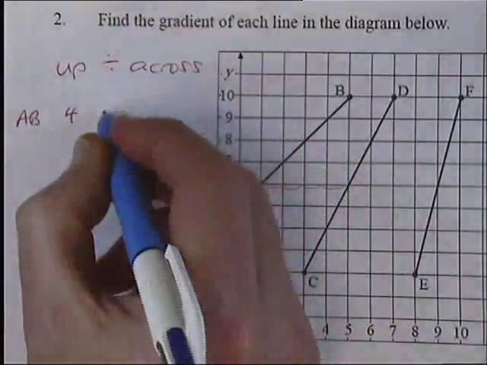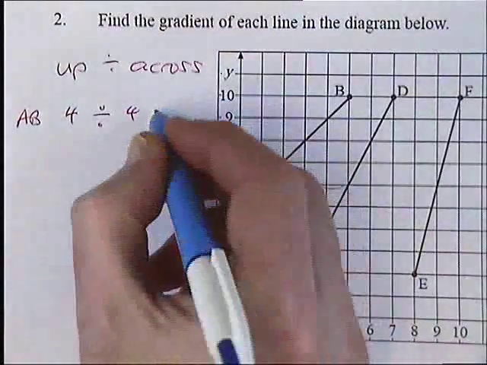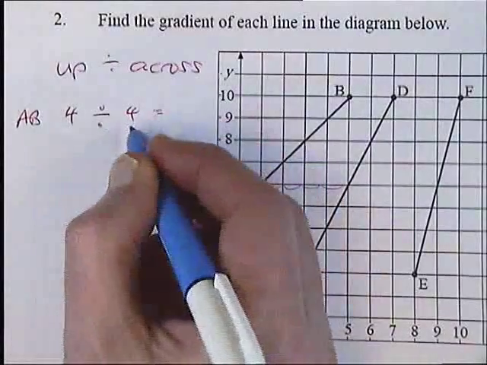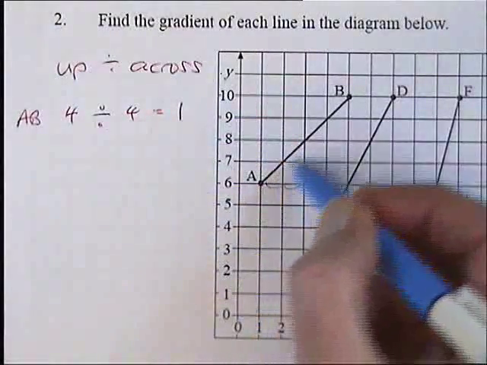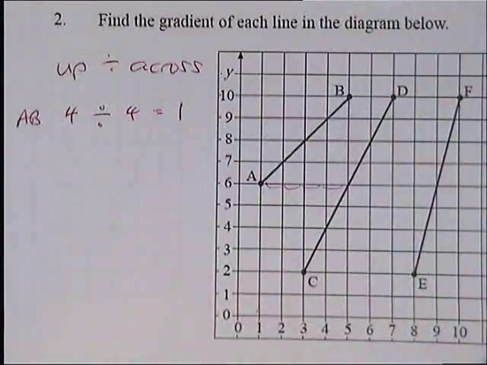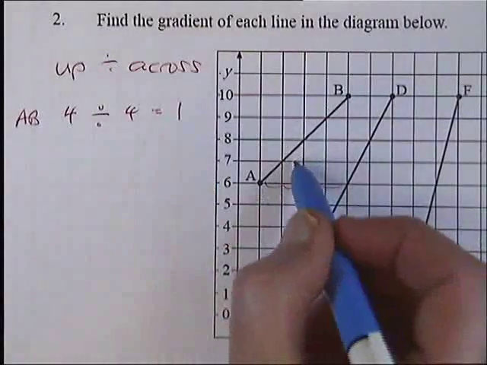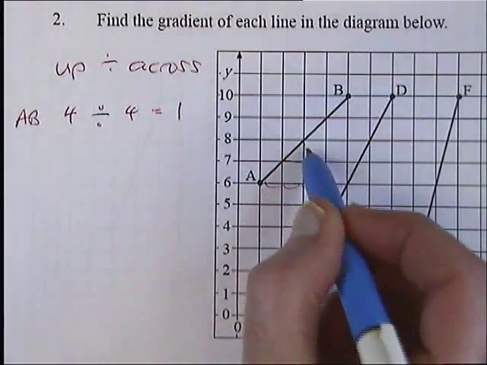Whichever way you do it, it's gone across 4. And 4 divided by 4 is 1. 4 things shared between 4 people, they get 1 each. So the gradient of this line here is 1. And a gradient of 1 means for every 1 square you go along, you go this many up. Now have a look. Go 1 square along, you go 1 up.